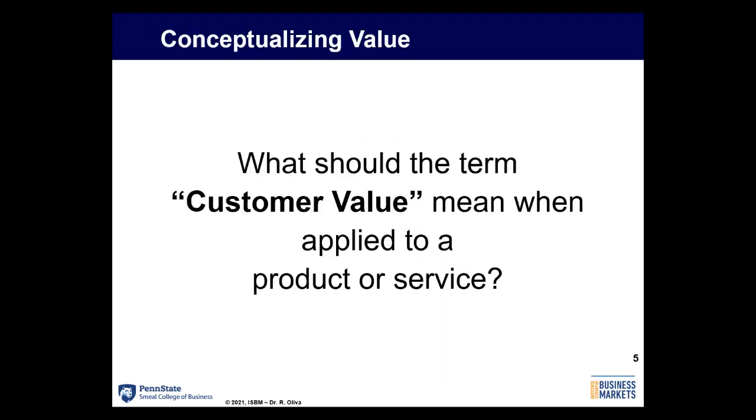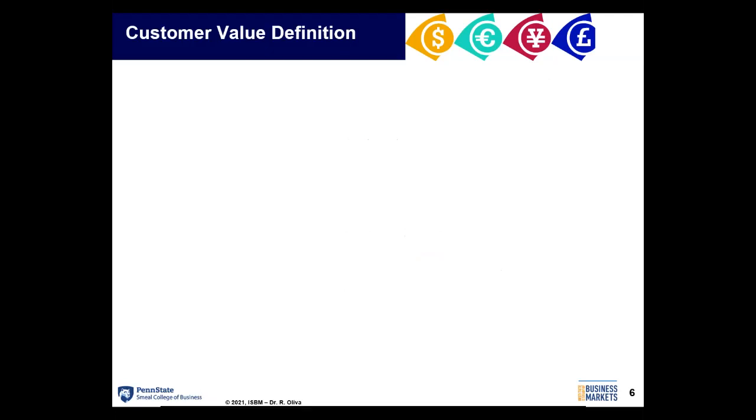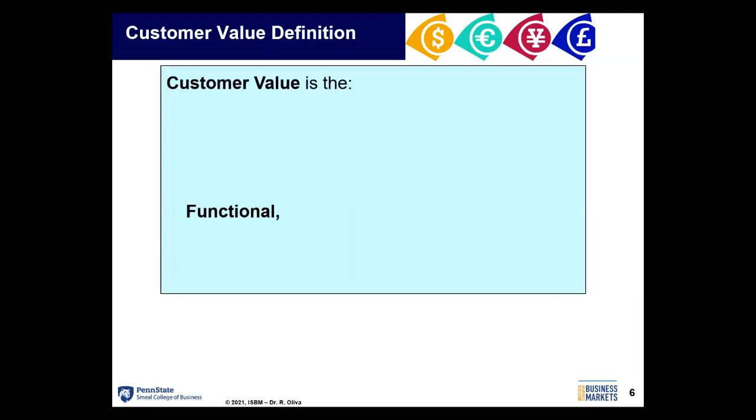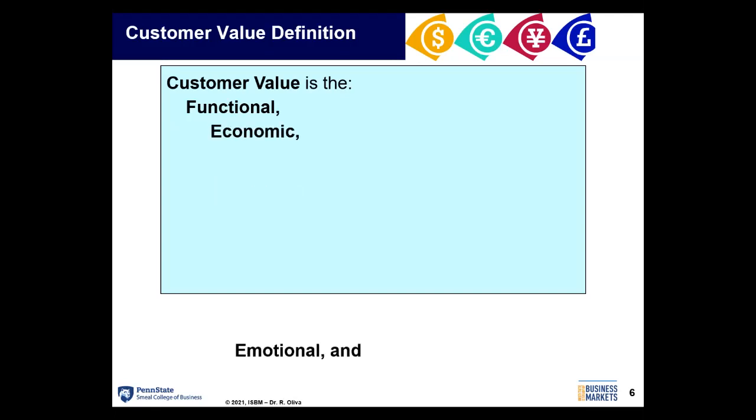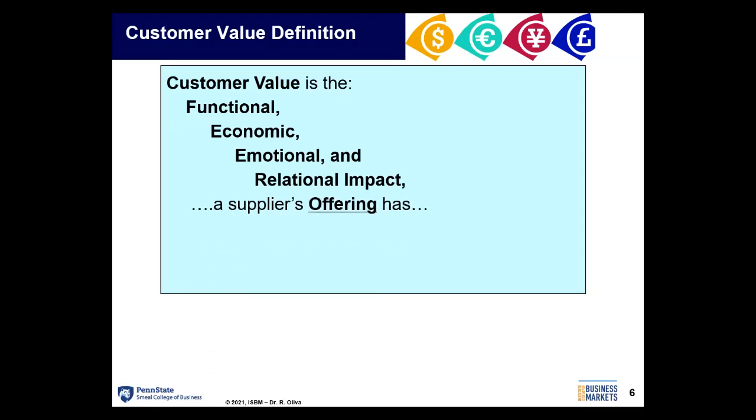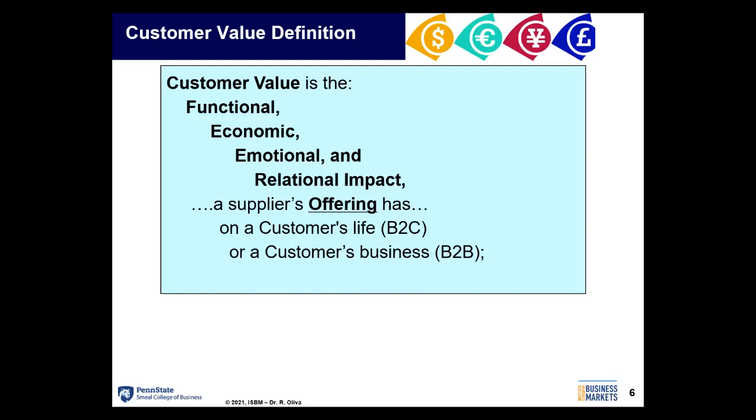So that leaves us with the big question, what should the term customer value mean when applied to a product or service? At our institute, we talk about customer value with these components. It's the functional, economic, emotional, and relational impact that a supplier's offering has on a customer's life or their business, always compared to the next best alternative.